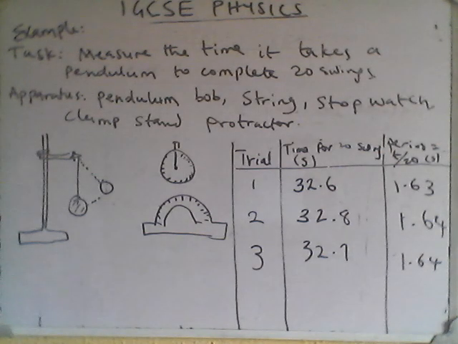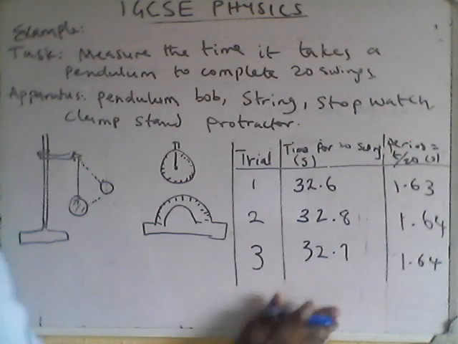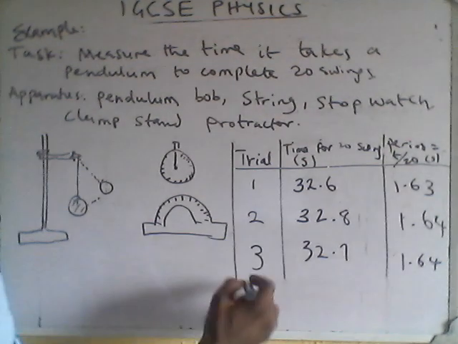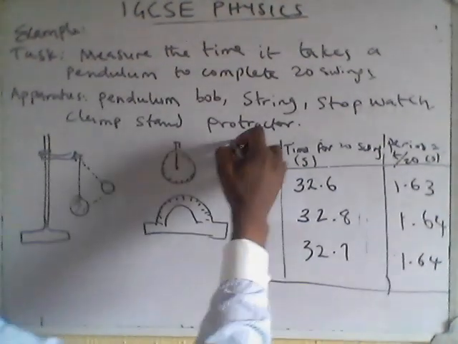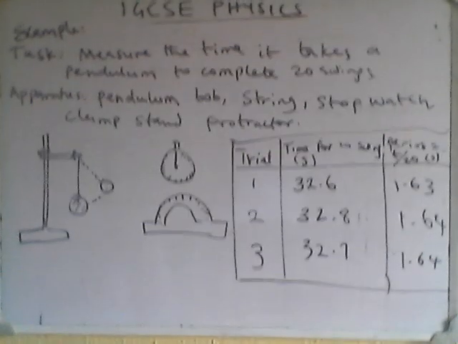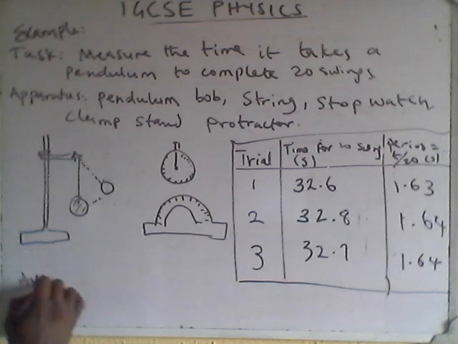Okay, so from my table, this is my record. We're talking about recording here. I have a very good record because at every instance in the experiment I was putting my note. So if I want the average period from my record, I can calculate it.